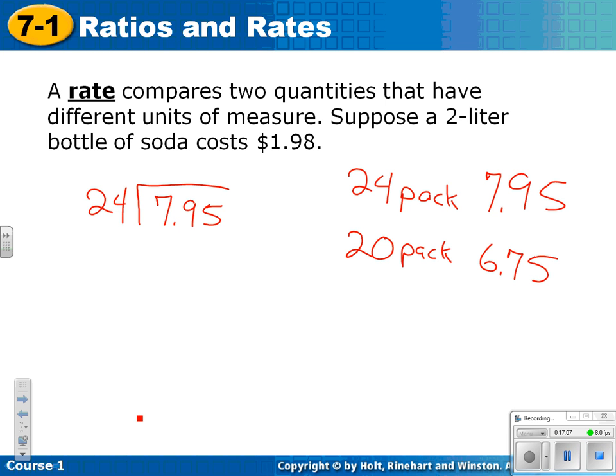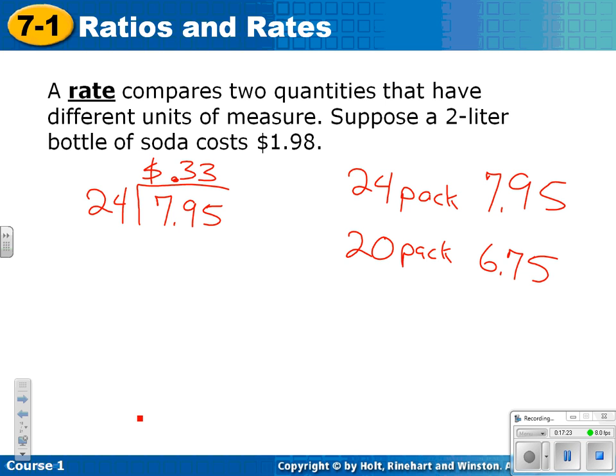Yeah, I want to know what it is. It's like 0.33. Is it just 33 cents? You rounded. Okay, that's fine.